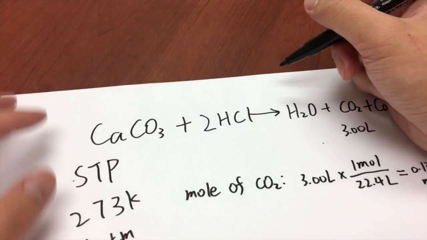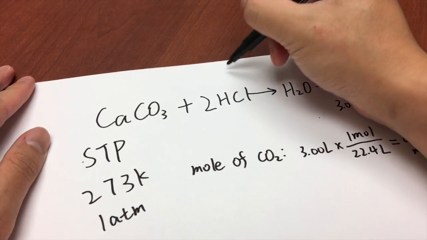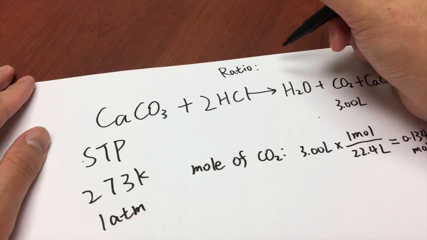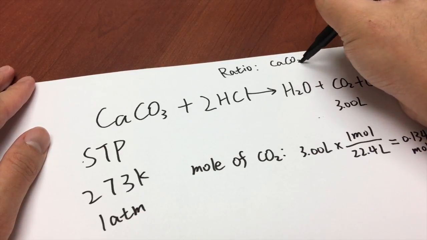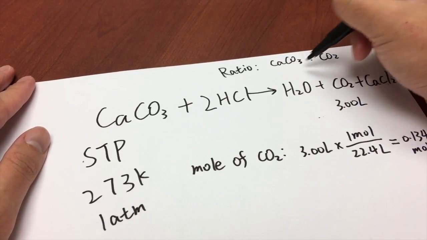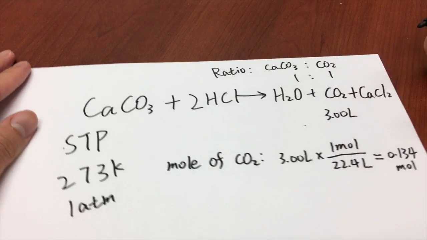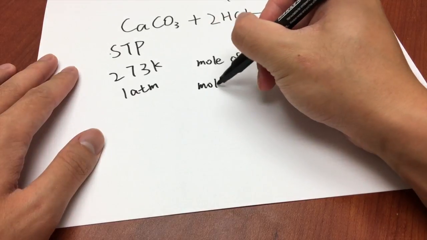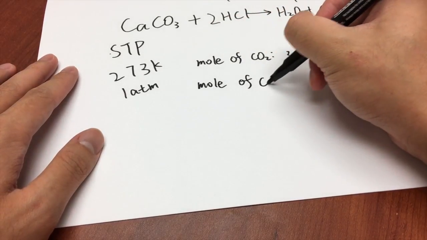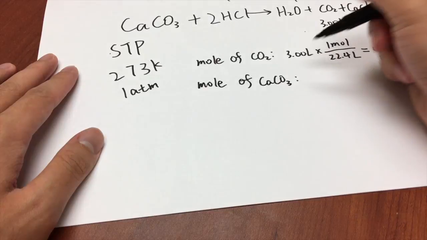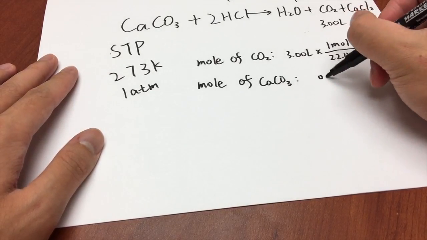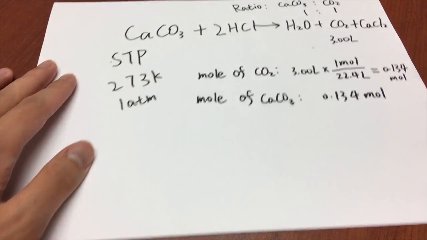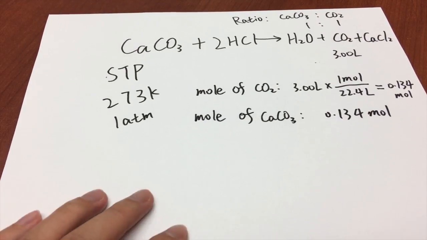And the ratio of CaCO3 and the CO2 is 1 to 1, which means 1 CaCO3 can create 1 CO2. So the moles of CaCO3 is equal to 0.134 mole, the same as the carbon dioxide.